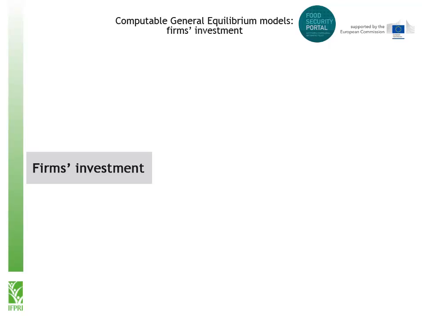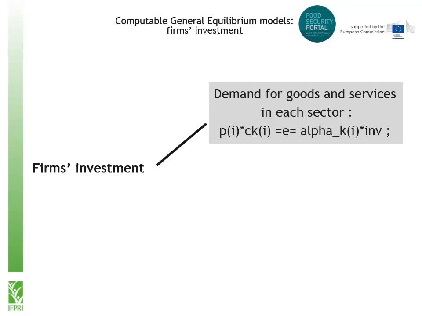In fact, this model is modified through three channels. First, there is a purchase of goods and services in each sector. And in fact, if we add all this purchase, there is a total value of investment. So the total value of investment, we are going to call it INV for investment, of course.